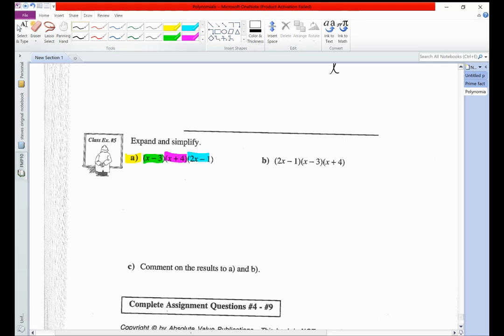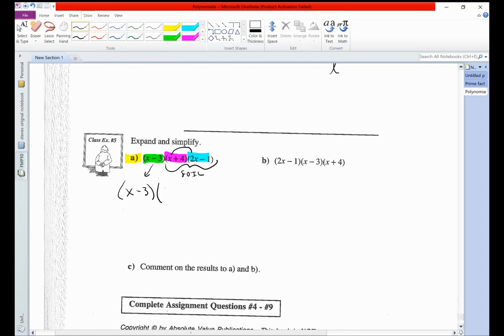So what you can do is any one, it doesn't matter. I'm going to take this x minus 3, and I'm just going to put it here, x minus 3. And then I'm going to FOIL these ones. So I'll put the bracket there, and I'm going to FOIL those last 2. So FOIL is first.